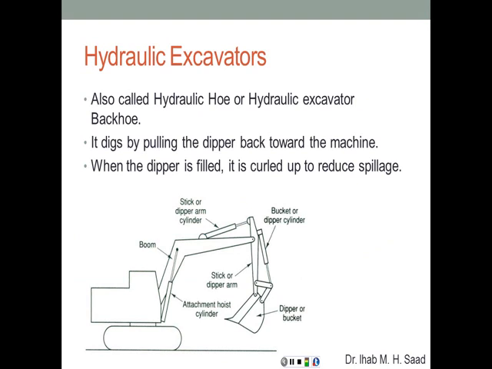And here's the example. This is the dipper or the bucket. So you extend the arm, you dig, and then you drag the arm backwards and lift the bucket to maintain the soil in the bucket. This, of course, is hydraulically driven, so all of these are hydraulic pumps or cylinders.